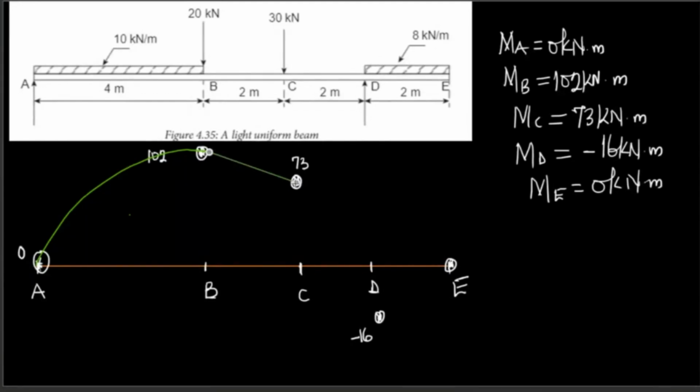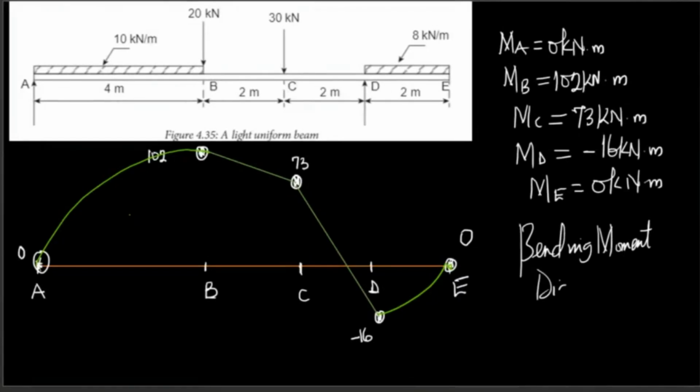I'm going to draw another straight line from 73 to 16 here. And then because there is a UDL there, it is going to be drawn the other way. It's going to be a curve. So this is 0. So this is my bending moment diagram. Any questions?